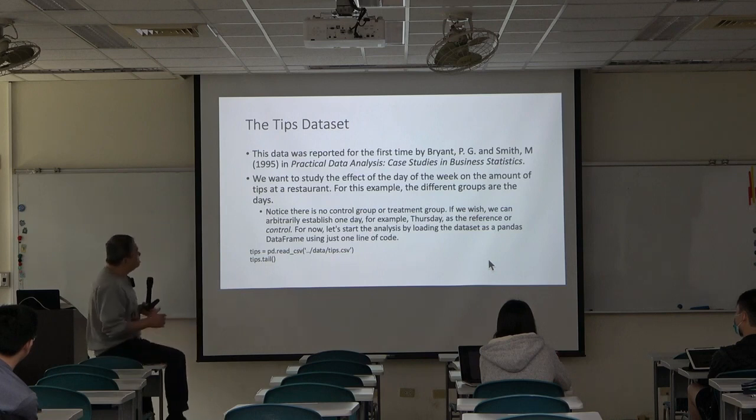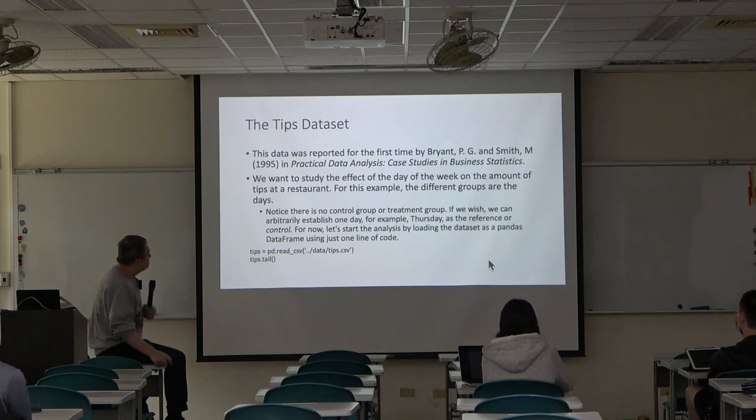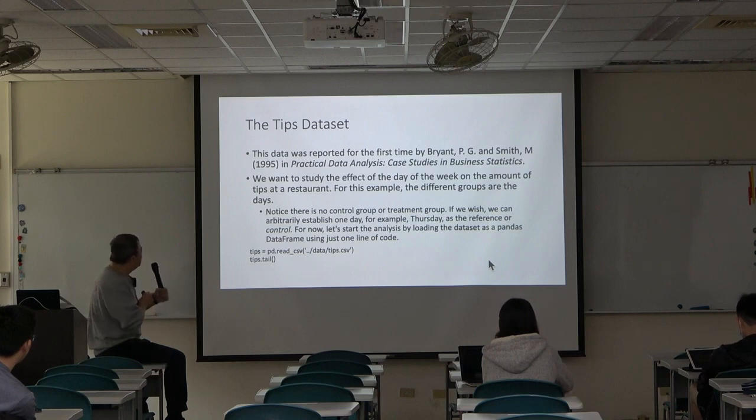Obviously, this study is interesting, because this data was first reported by these two researchers in 1995 in Practical Data Analysis: Case Study in Business Statistics, which is actually a journal paper. In this paper, they want to study the effect of the day of the week on the amount of tips at the restaurant.